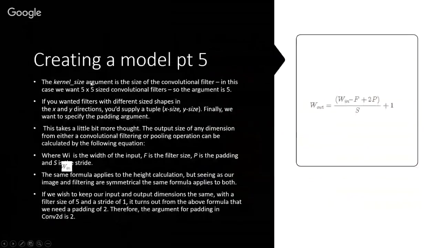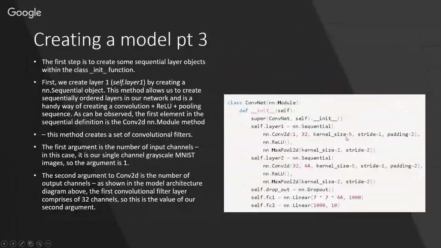The kernel size argument is the size of the convolutional filter. In this case, we want a 5 by 5 convolutional filter. So there it is, kernel size 5, which would be 5 by 5. The stride is 1, so it only moves one across at a time. We put padding to try to even it up a bit.